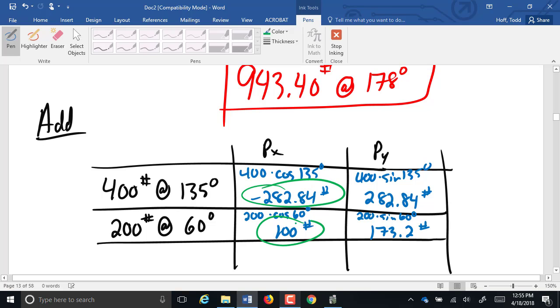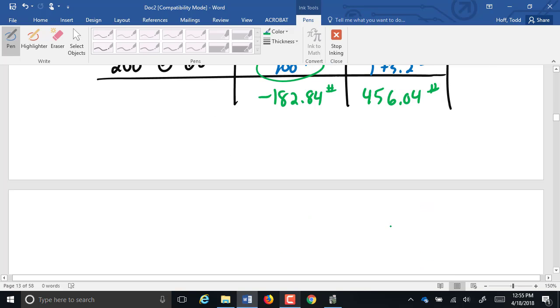Negative 282.84 and a positive 100 is negative 182.84. 282.84 plus 173 is 456.04. Positive. So that means we have from 0 negative 182.84 and a positive 456.04.